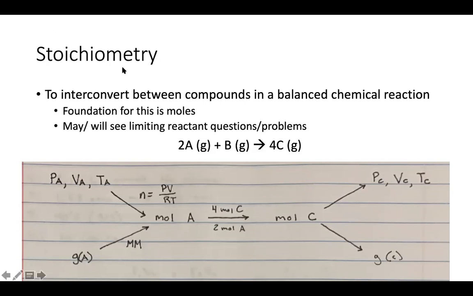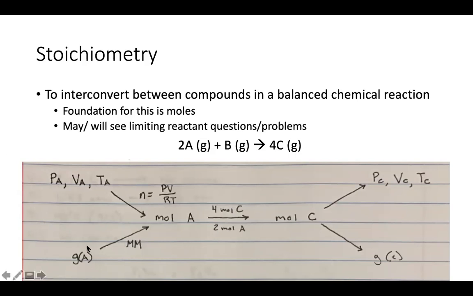And how do we do stoichiometry in gas laws? Well, it's pretty similar to before. Just something we see is the utilization of the ideal gas law. Okay, so you'll typically start by being given one of 2 things.